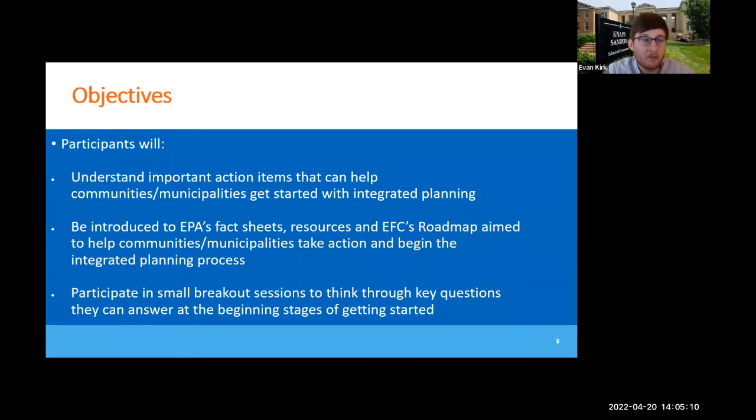So let's hear from each other as much as we can in the breakout groups about what your considerations are and where you are as a community. There are some consultants in the room today too, but we're going to focus on speaking with the municipalities themselves. When I say municipality, that can include county and all sorts of different local governments, so take that as a pretty broad term. And then we're going to participate in small breakout sessions.